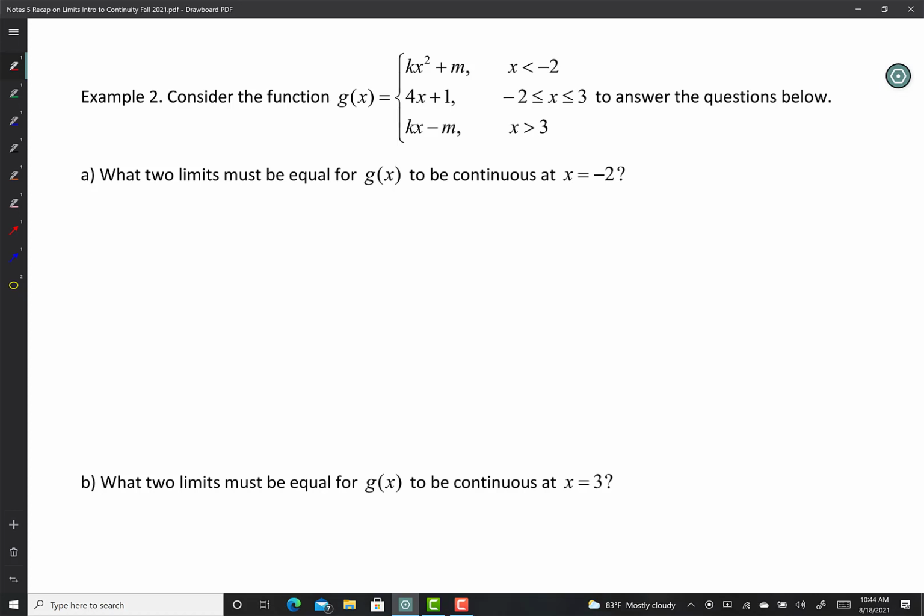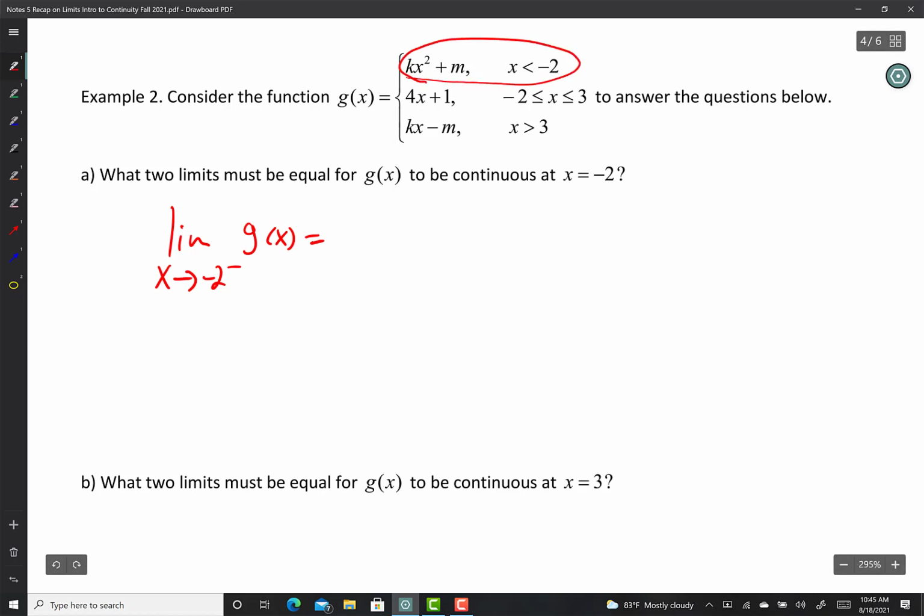Maybe I should say, what two expressions must be equal for g of x to be continuous at x equals negative 2? So the first two. How do I say it? Limit as x approaches negative 2 from the left of g of x. So when I say left, we know that we're talking about this one right here. x less than negative 2, that's to the left. And then the middle one, x between negative 2 and 3, I'm approaching from the right on that one.